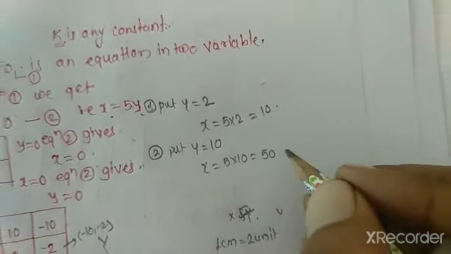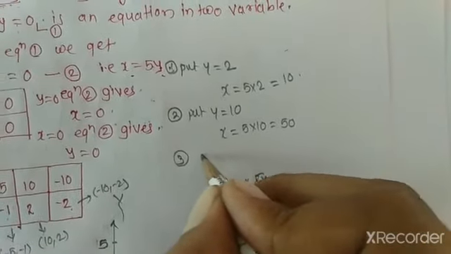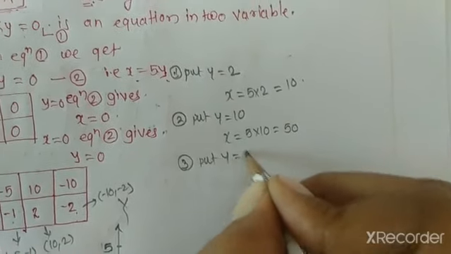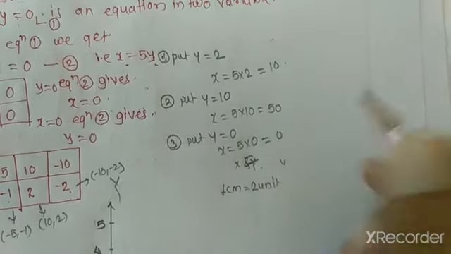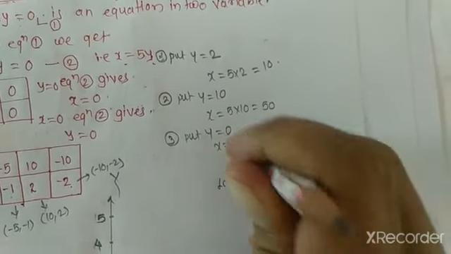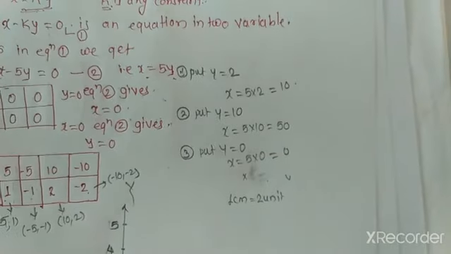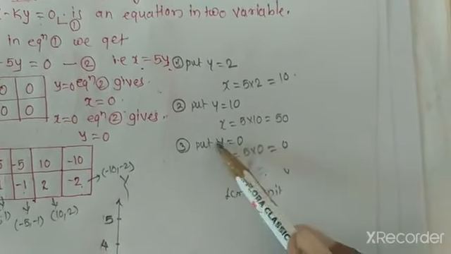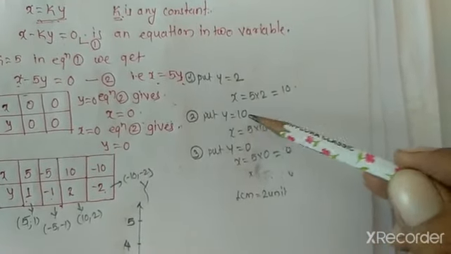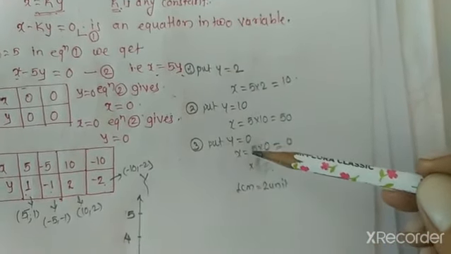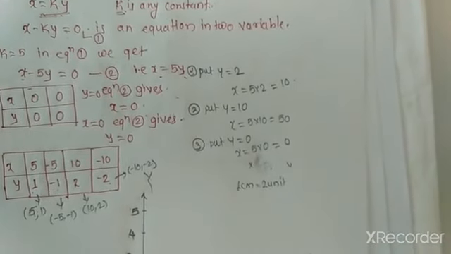For the third, y is equal to 0, so x will be equal to 5 into 0, which is equal to 0. These are our required solutions, the values at y is equal to 2, y is equal to 10, and y is equal to 0. We have solved example number 6.